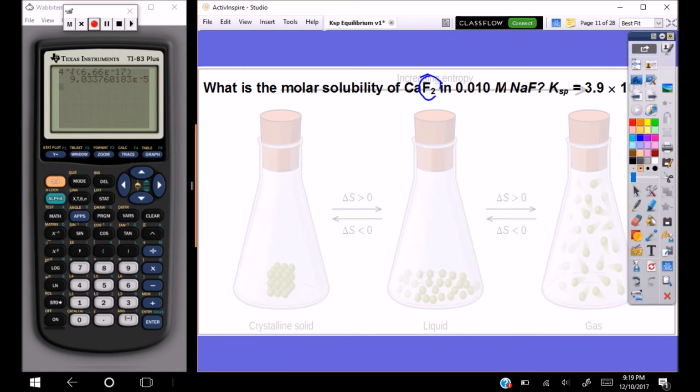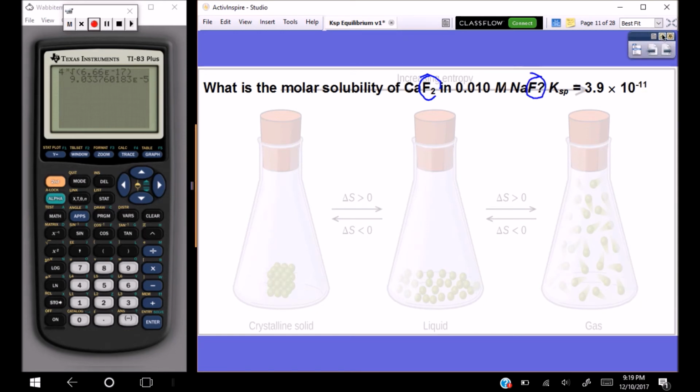We've got fluoride. What happens is calcium fluoride, they said they're trying to dissolve it in sodium fluoride. So we're using a different solvent. Now, with that different solvent, that means we have extra fluoride ions already floating around in solution, which can impact our equilibrium.